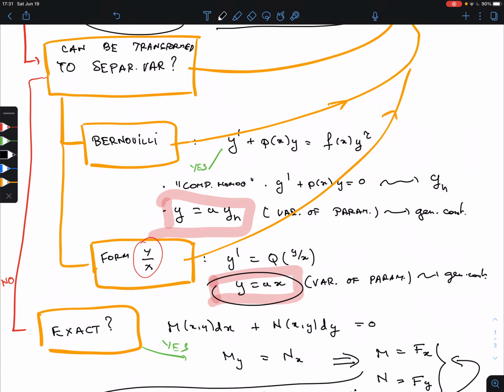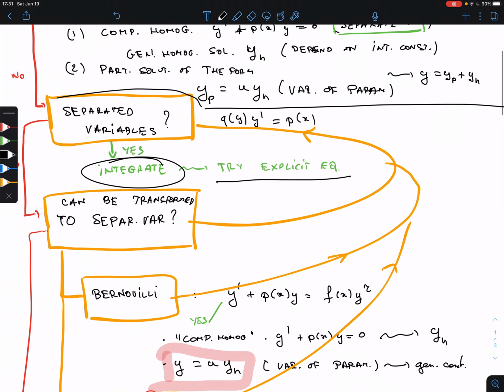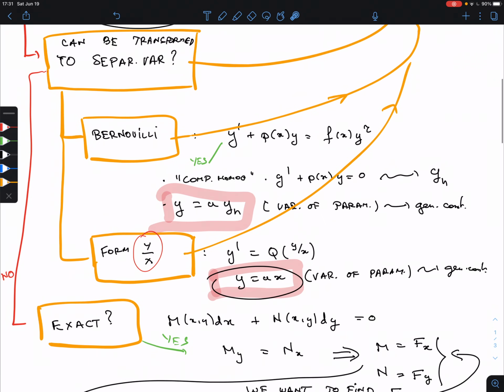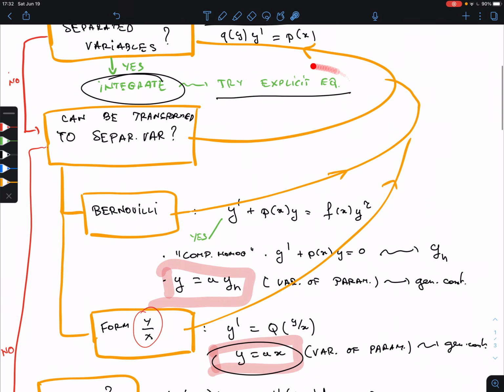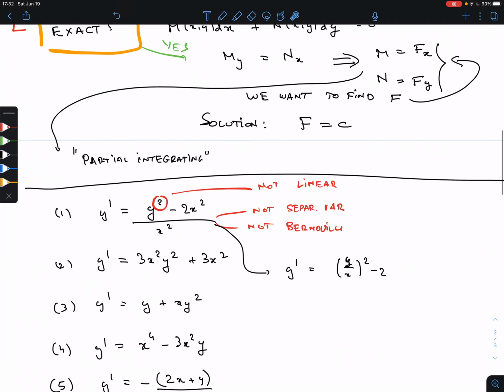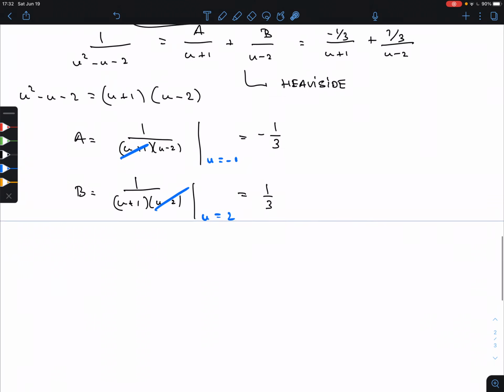We are doing separated variables, but in u. It's separated variables in the variable u, but we have to go back to y. So we have to solve for u in this case. Here we have to do explicit, because otherwise we cannot write down what y is. So let's do that.